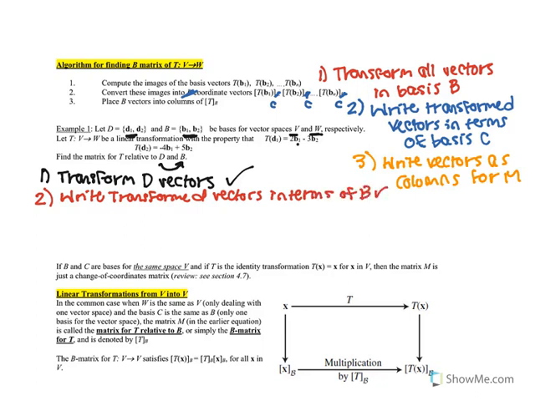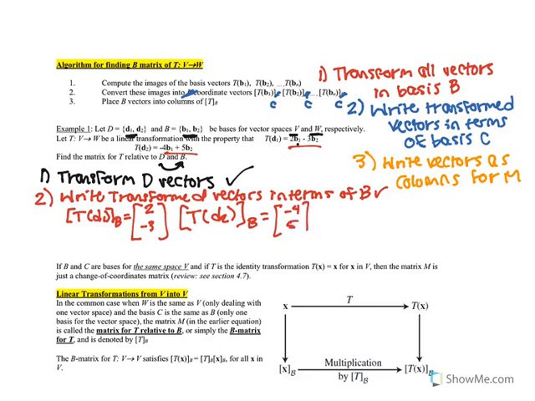You can see that T of D1 with respect to basis B is 2, negative 3, and T of D2 with respect to basis B is negative 4, 5.